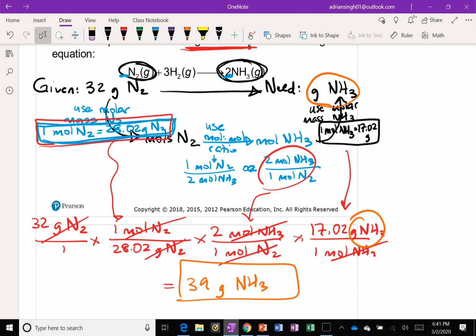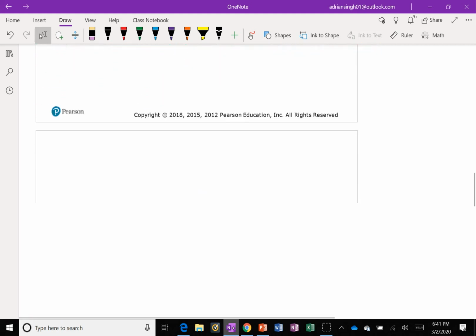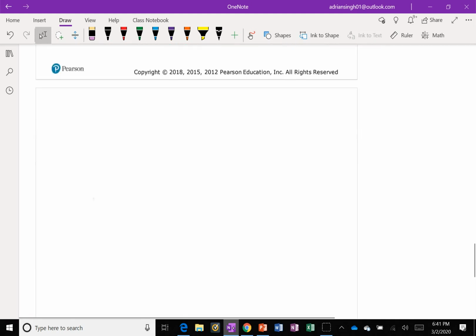If you're talking about molar mass, it has to be for 1 mole. Now, when you get comfortable with these calculations and start combining steps, you may see different things pop up. But as you're starting off and you calculate the molar mass, it's always for 1 of something. Always.